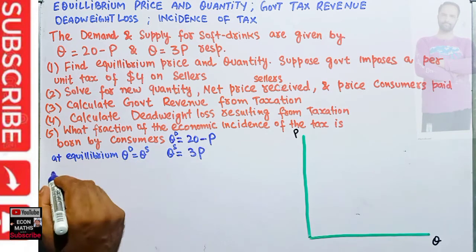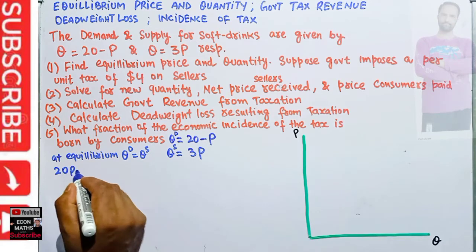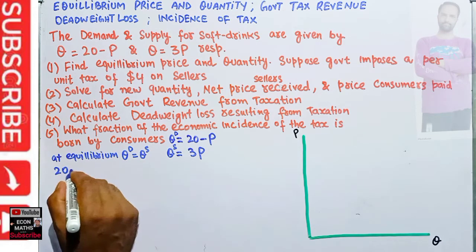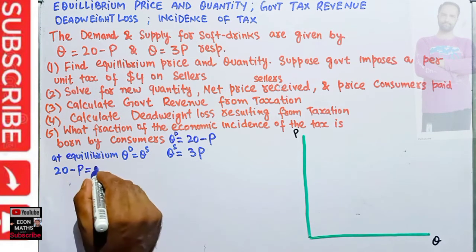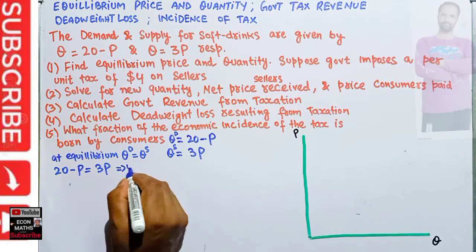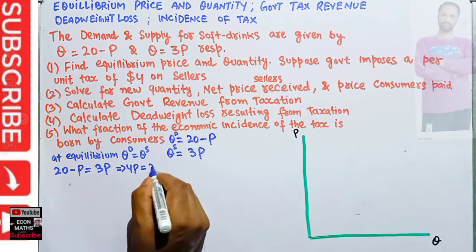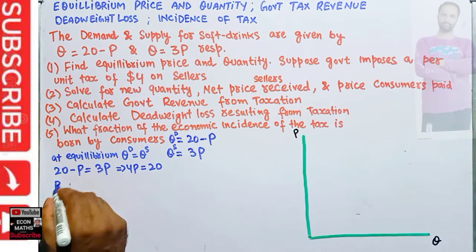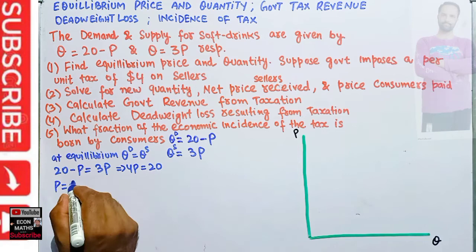That means 20 minus P should be equal to 3P, so 4P is equal to 20, which gives us P equal to 20 upon 4, which comes out to be 5.